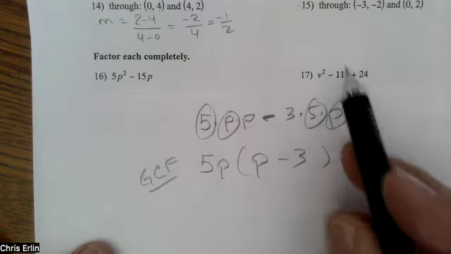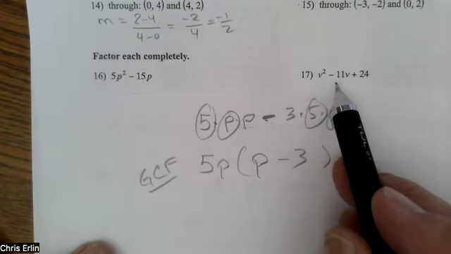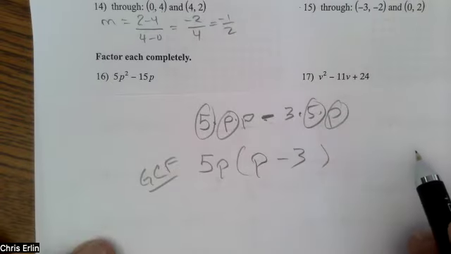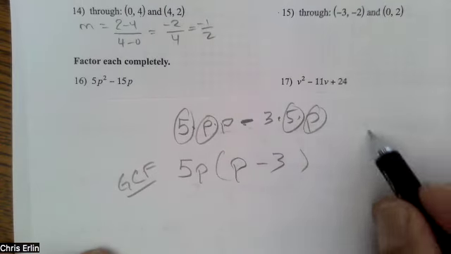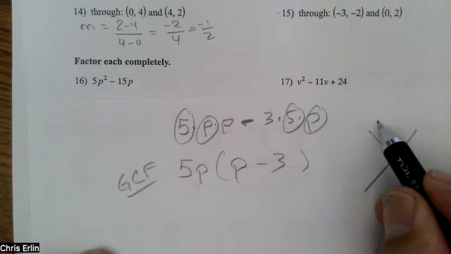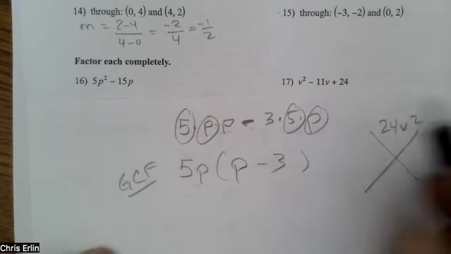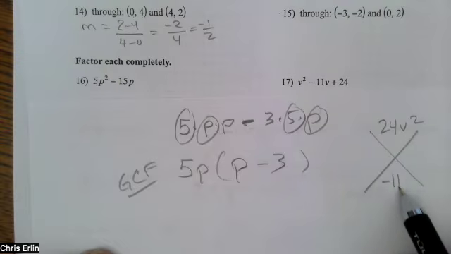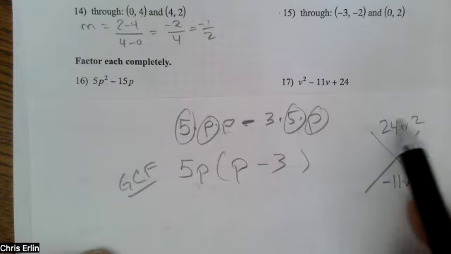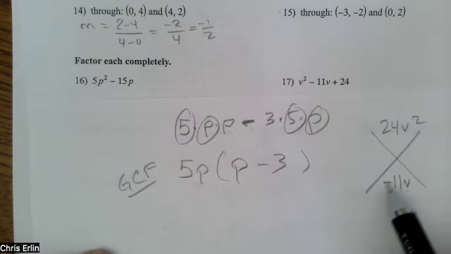What's the process for factoring something like this? A quadratic trinomial. You guys use diamond box? Start with a diamond and say, these two multiply together to make 24v squared. This middle term is negative 11v. I'm looking for two numbers that multiply together to make 24v squared, and yet add together to make negative 11v.